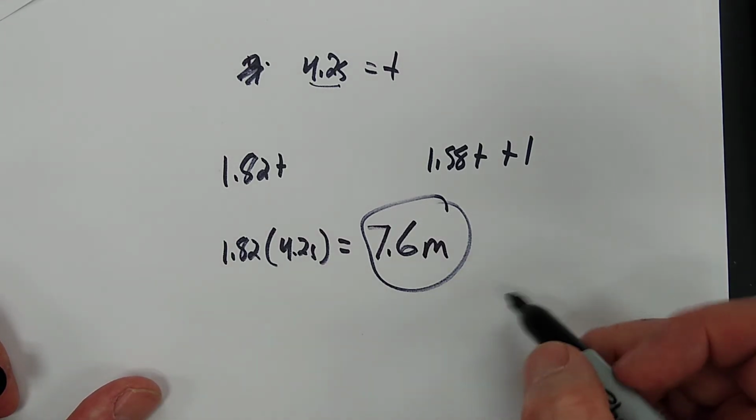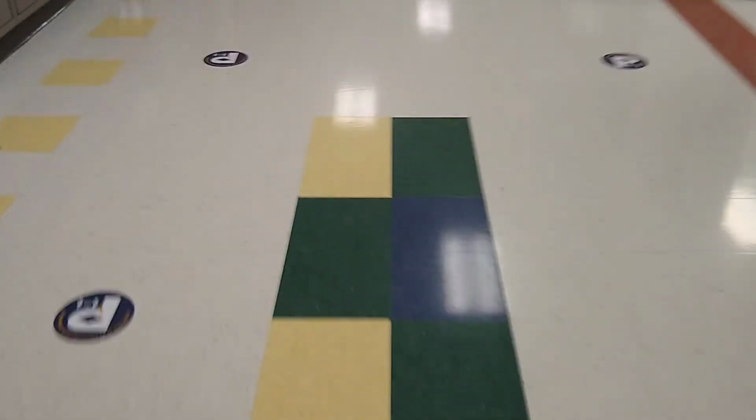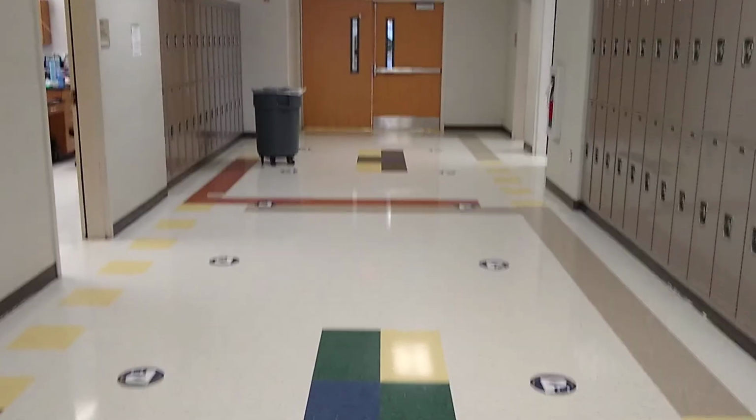Let's take a video of this. Okay, I use this meter stick, and starting at the red and white line, I marked down the hall our distance. Right here, I put a little graduated cylinder, the correct distance.